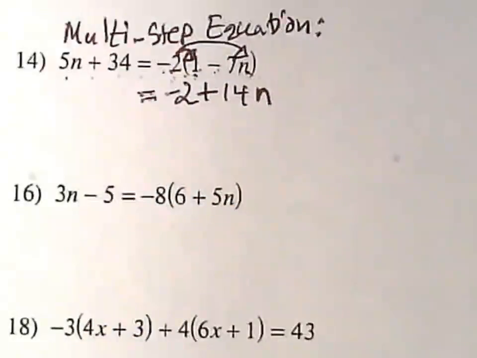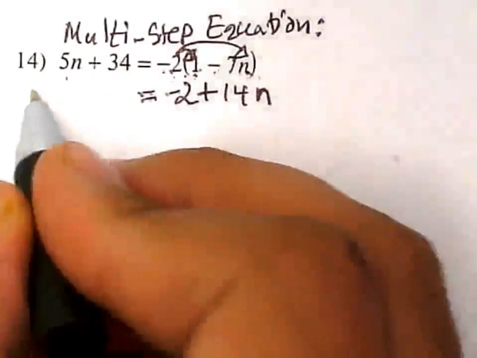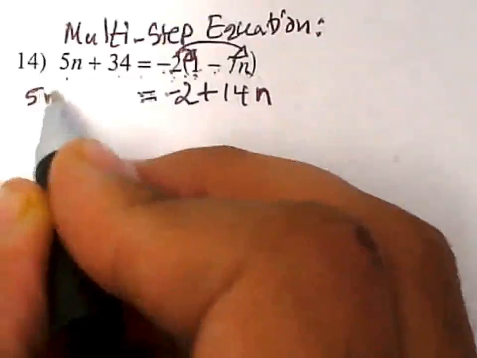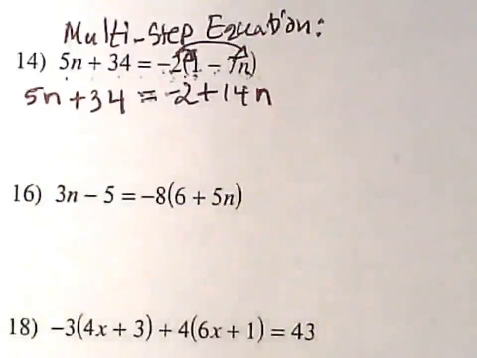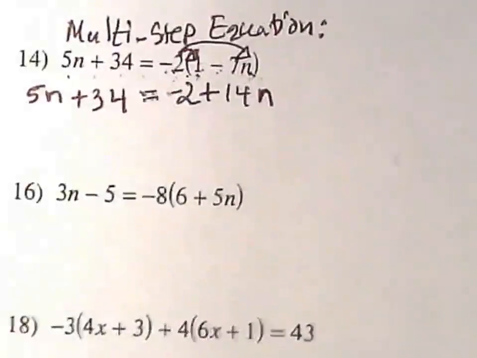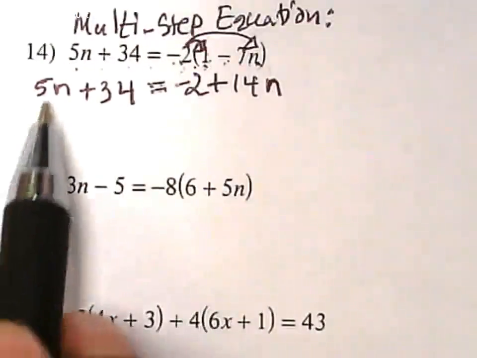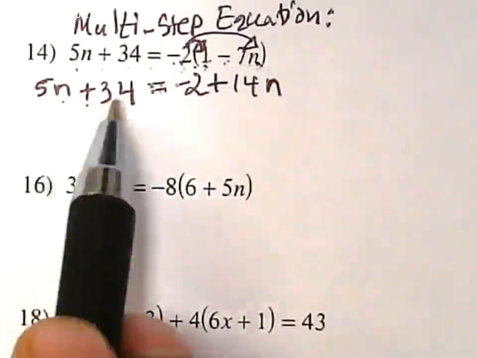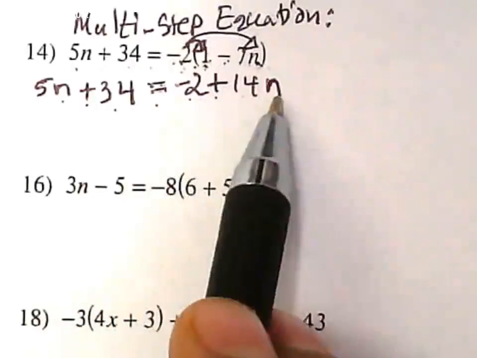The other side of the equation, we did not do anything with, so I'm going to write it as it is. We are doing a step-by-step procedure for solving a multi-step equation. Now this line becomes 5n plus 34 equals negative 2 plus 14n.